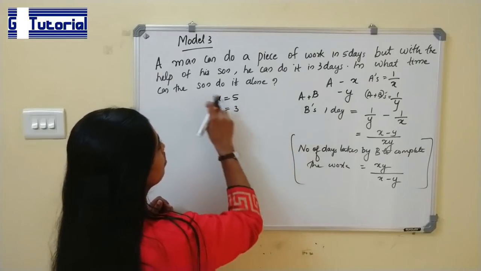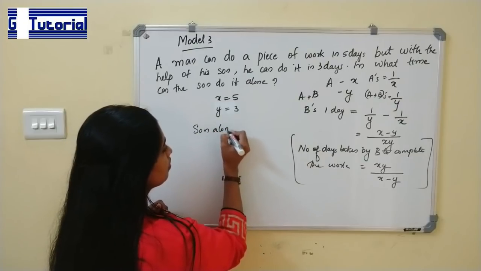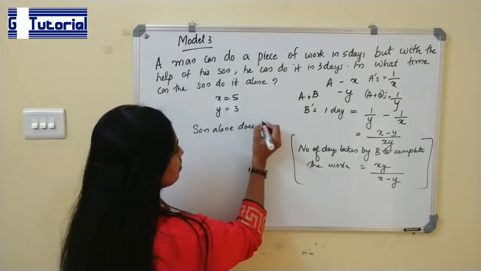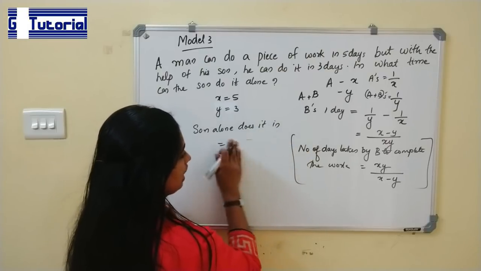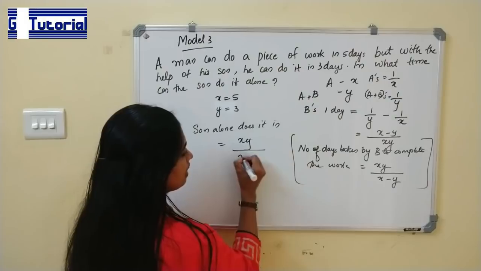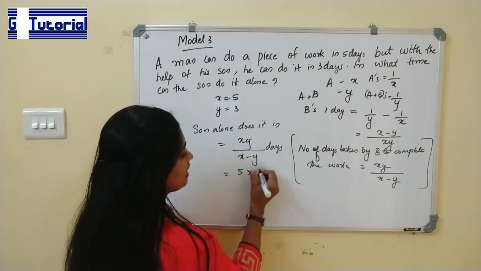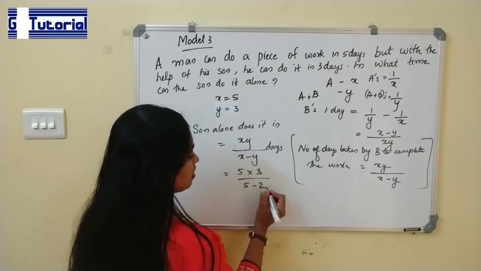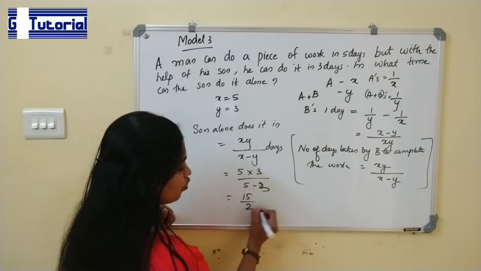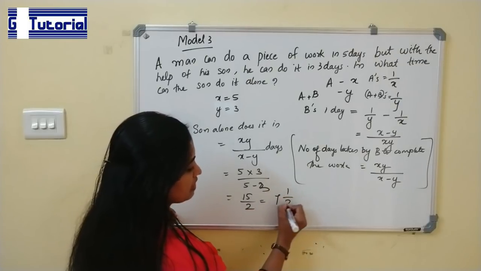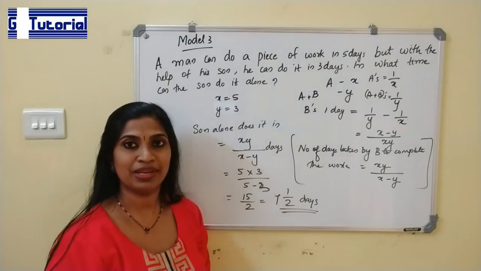So the son alone does the work in xy by x minus y days. That is x is 5, y is 3, by 5 minus 3. 5 3s are 15 by 5 minus 3 is 2. 15 by 2 is 7.5. 7.5 days is taken by the son alone to complete the work.